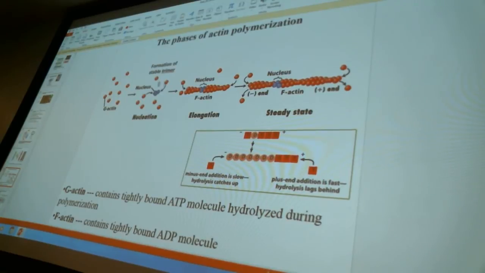This is a very rate-limiting process. Initially, single-unit actins will be bumping into each other and eventually spontaneously forming this triangle of molecules. And at this point, the formation of the filament is greatly sped up.